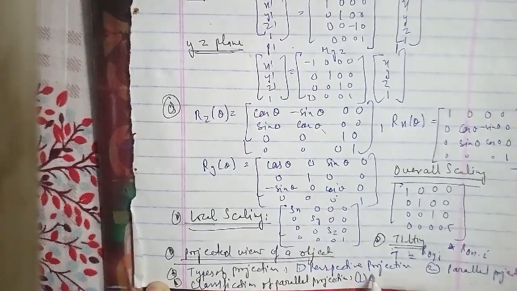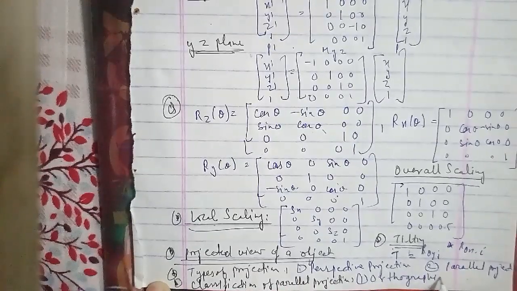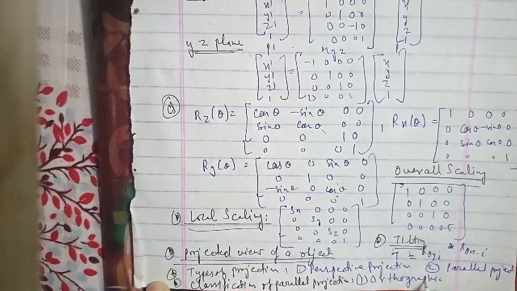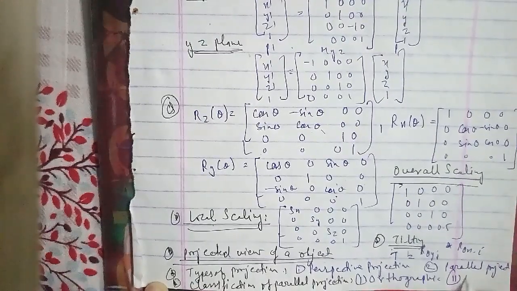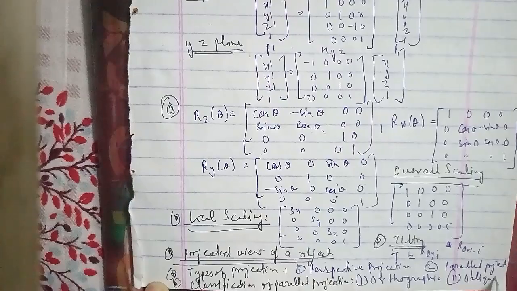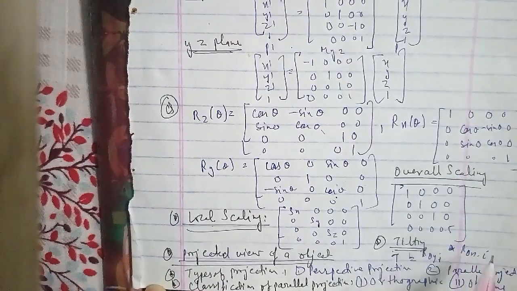The first is orthographic, in which the projections are perpendicular to the view plane. The second is oblique, in which the projections are not perpendicular to the view plane.